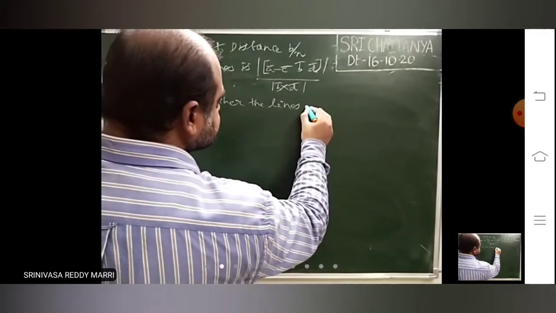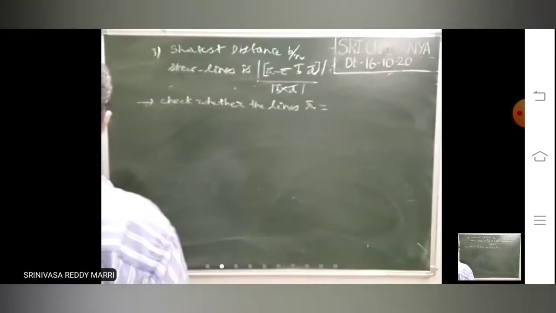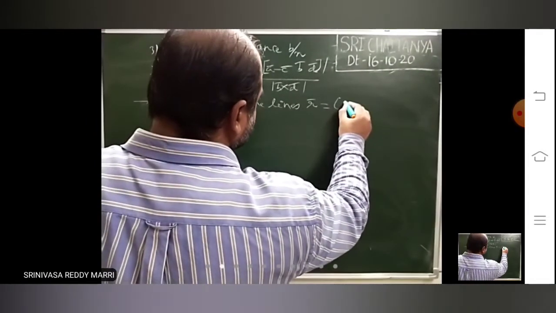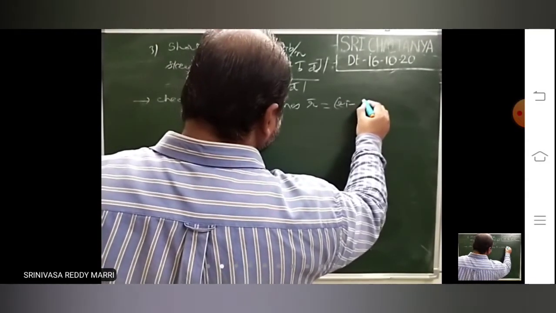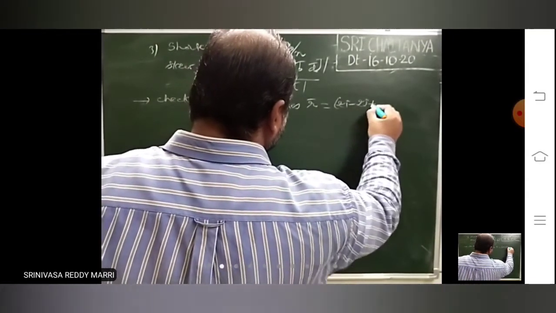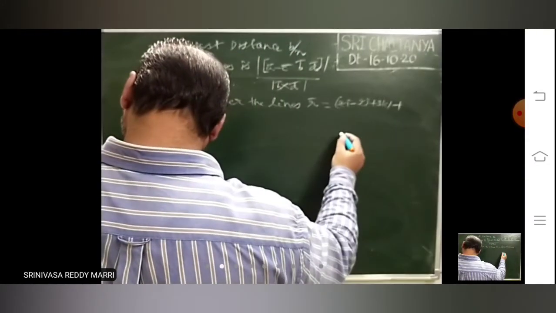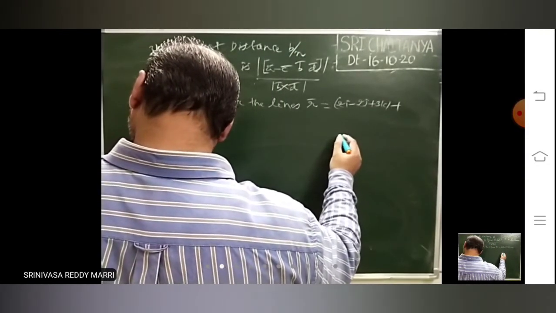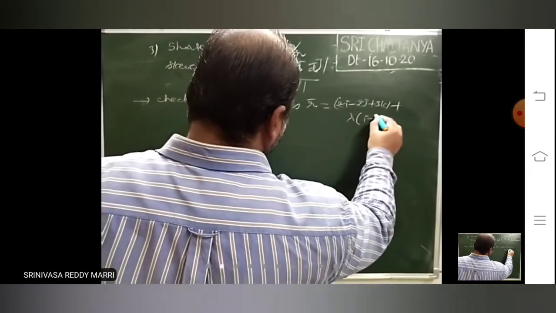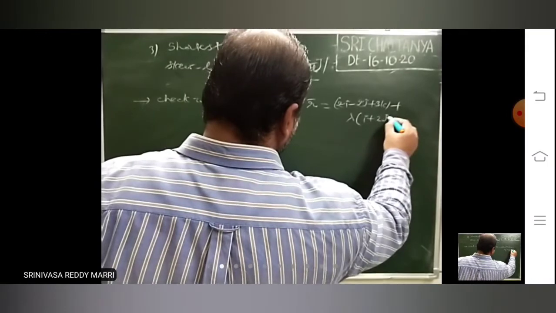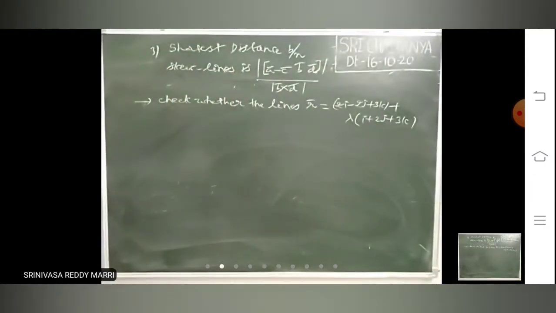The lines: R bar equals 2i minus 2j plus 3k plus lambda into a vector, this is one line given.